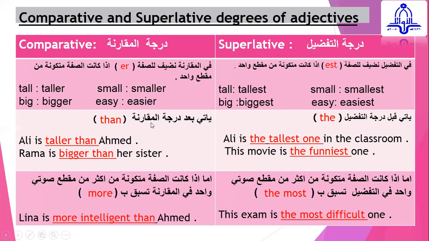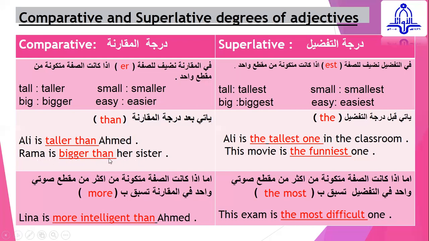الحالة الثانية يأتي بعد درجة المقارنة دائما كلمة than because I'm comparing. نحن نقارن. Ali is taller than أحمد. علي أطول من أحمد. لاحظوا taller. Taller is a comparative. So we use than. Rama is bigger than her sister.